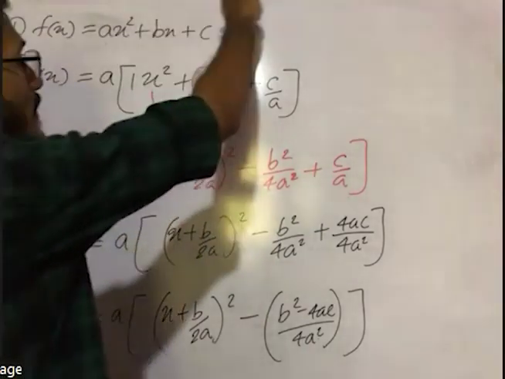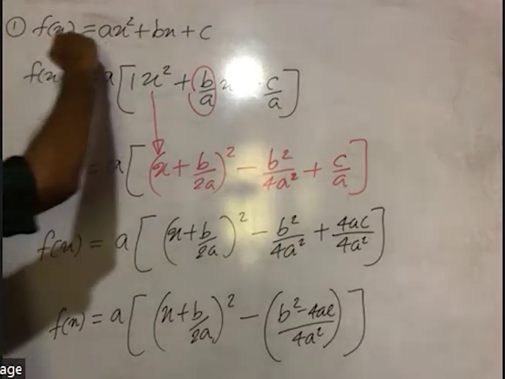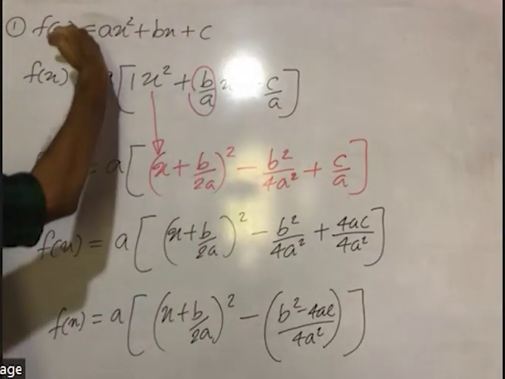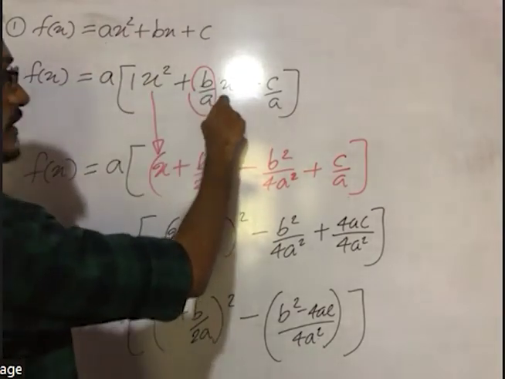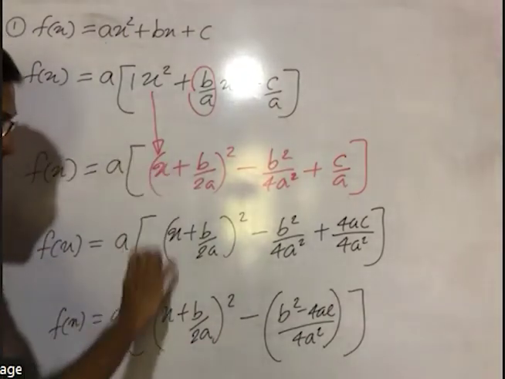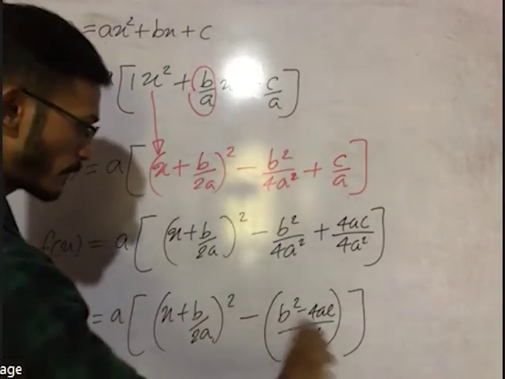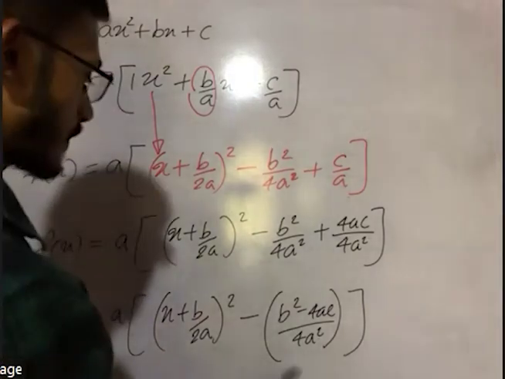This is the standard notation of a quadratic equation. We have started from this one. Then I have separated a, then brackets x square plus b over a x plus c over a. Then I have used the completing square method to simplify this. Now I have simplified up to this. Now I'm going to write down this final result.